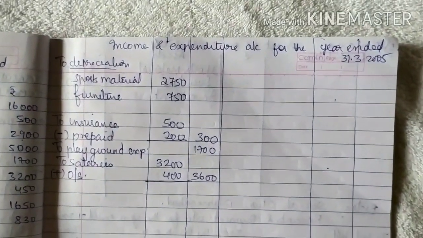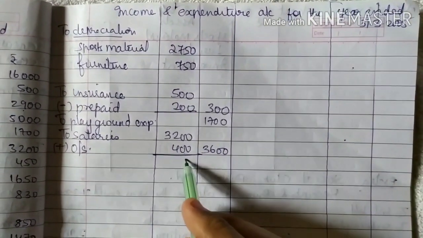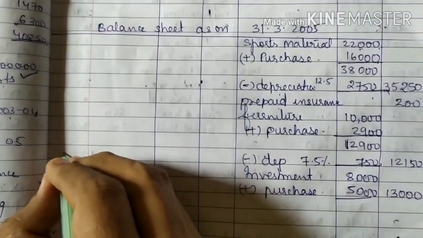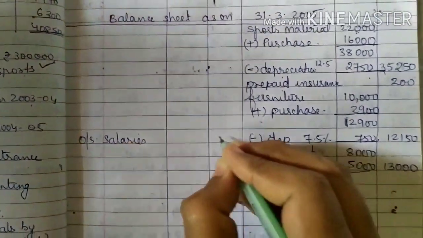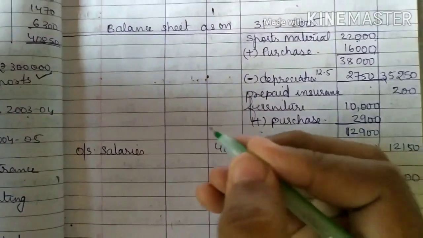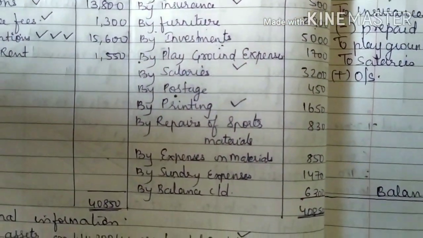It is outstanding expenses. Outstanding expenses will have two effects. First effect, you add to the expenses. Second effect, in the liability, outstanding salaries 400. Then you have, after salaries, you have postage.